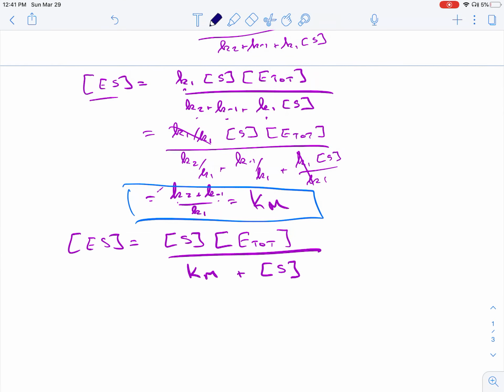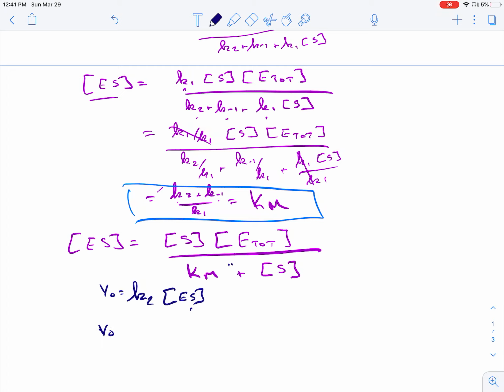All right. So we just solved for the enzyme-substrate concentration, but remember the rate of reaction, V0, is equal to K2 times the enzyme-substrate concentration. And so now we replace this expression with this one.